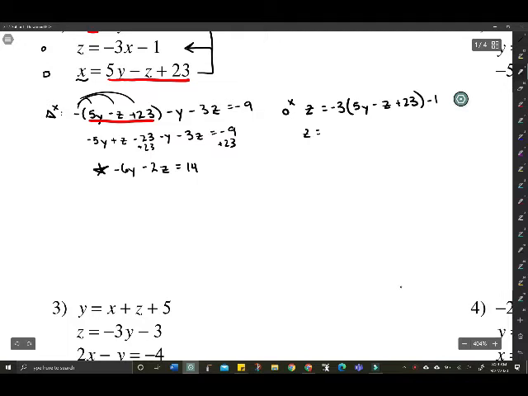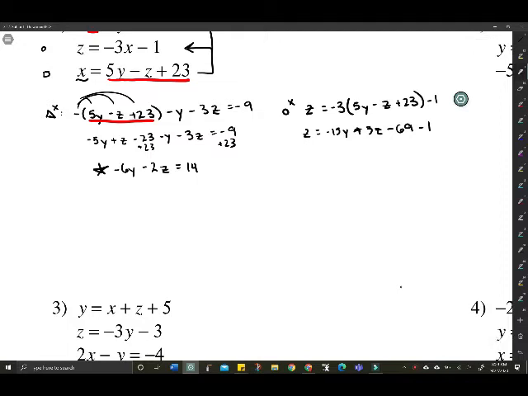So z is equal to negative 15y, okay, plus 3z minus 69 and minus 1.